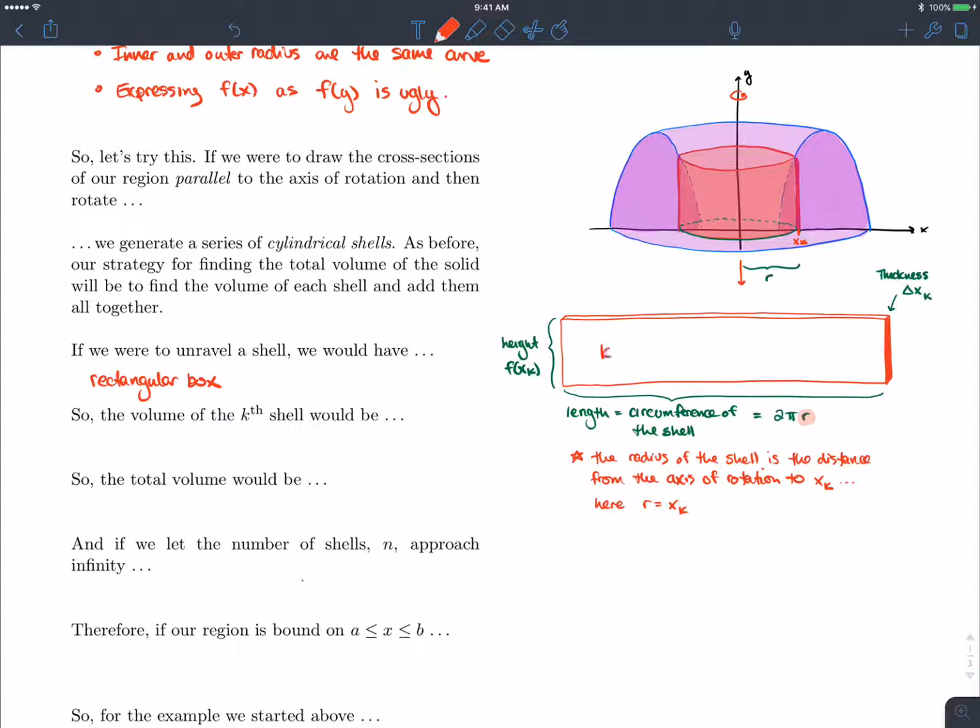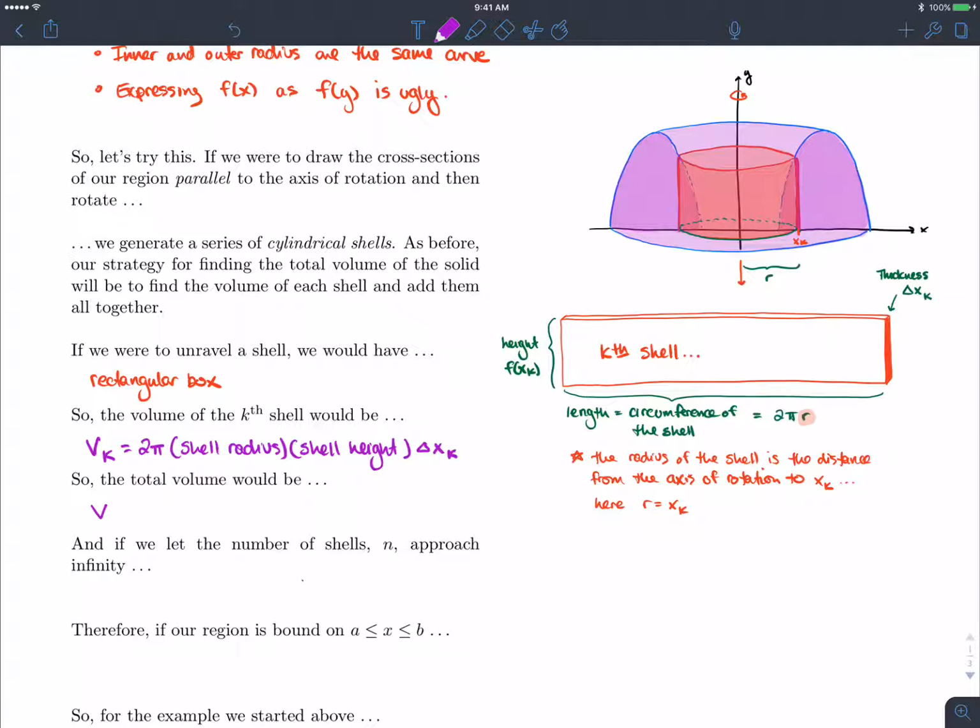If we define this as our kth shell just unraveled, the volume, we'll call it V sub k, is going to be equal to 2 pi times the shell radius times the shell height times delta x sub k. And if we wanted to find the total volume of this whole solid, we would just add up all of those shell volumes.